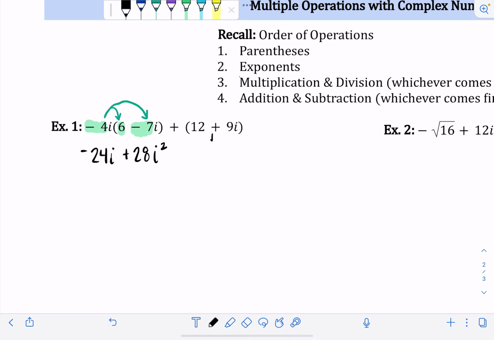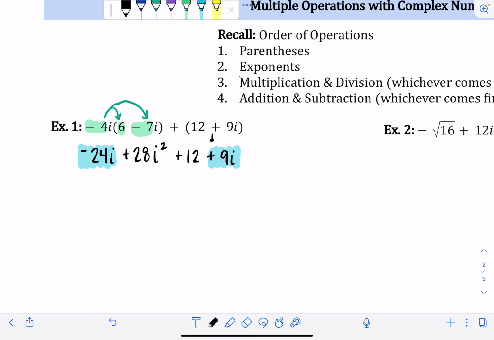And then I'm just going to bring down this 12 plus 9i. I am going to take the parentheses off though because there's no number in front of the parentheses, so there's nothing to multiply in. And then now I want to combine like terms, and I need to simplify this exponent also. So I have negative 24i and 9i.